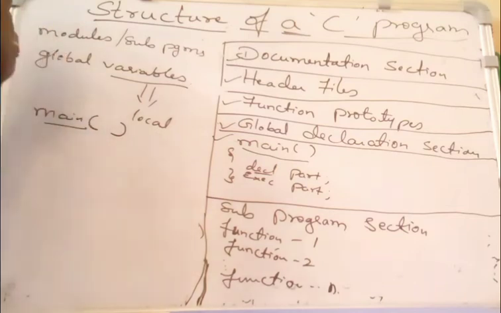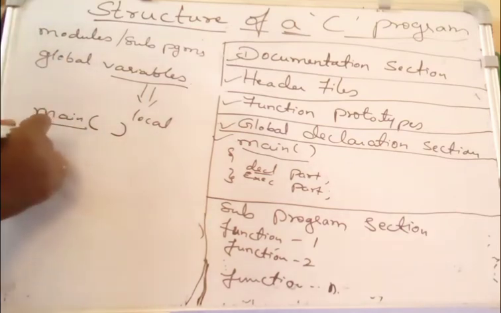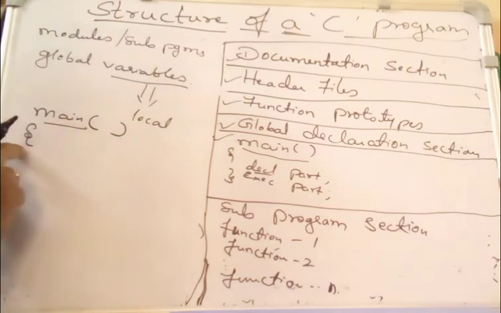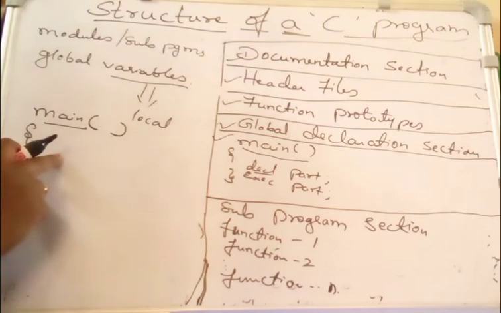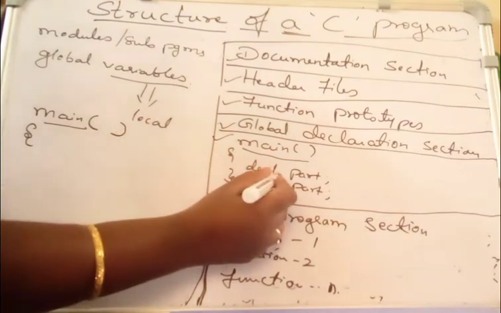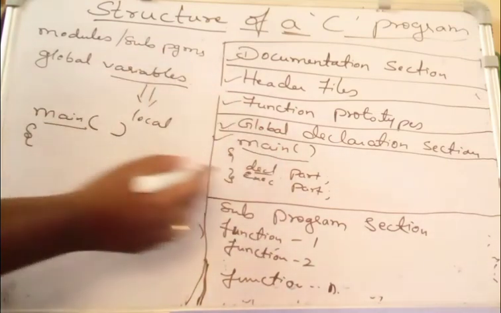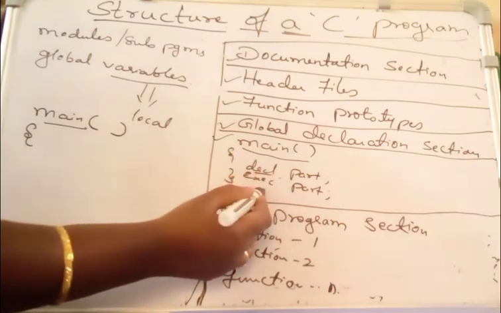The main function also includes what? Every function should begin with a flower bracket. Every main function is associated with declaration statements and executable statements, that is, a declaration part and an execution part.